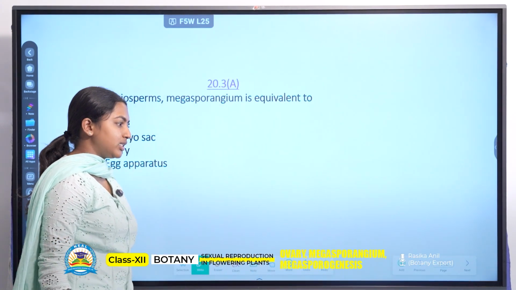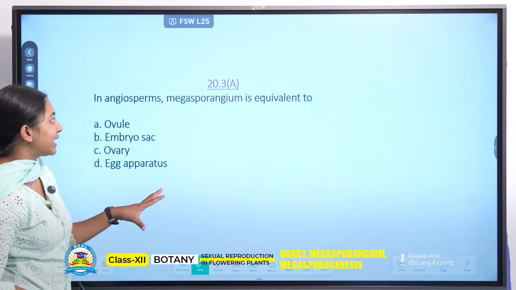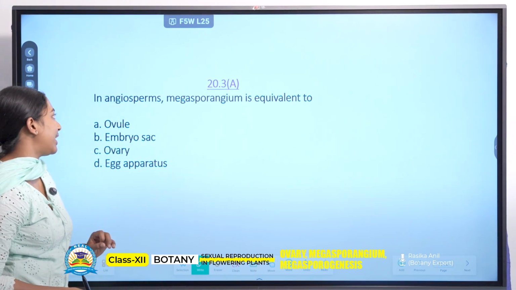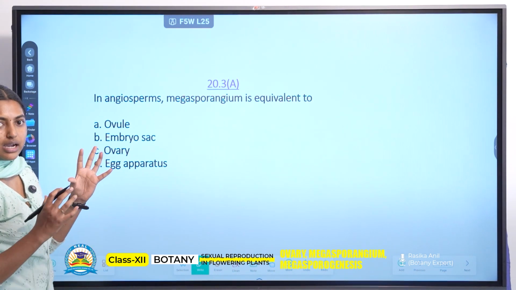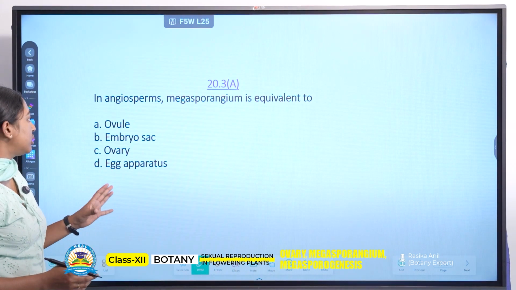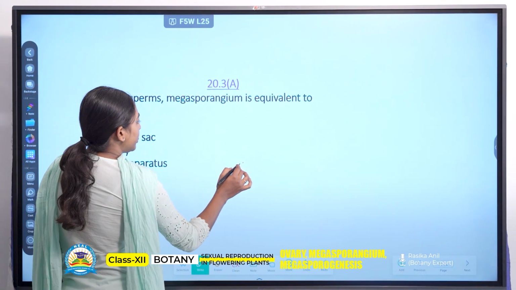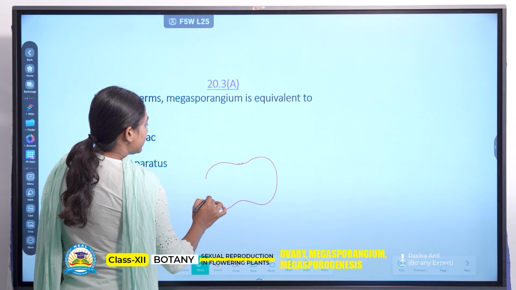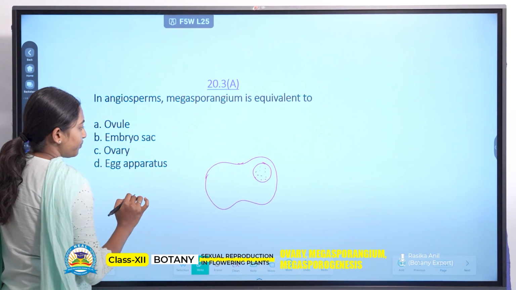So we'll discuss a few questions. First question. In angiosperms, megasporangium is equivalent to. So megasporangium is nothing but the entire structure, right? See, in the male part you have the anther. Inside the anther you have microsporangium. Inside it you have sporogenous tissue, right?